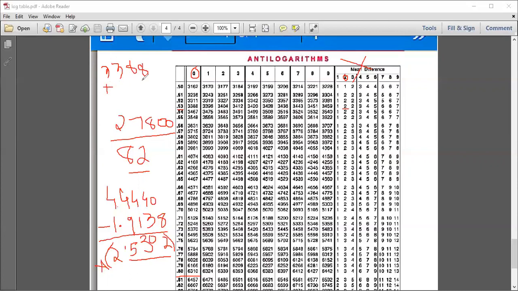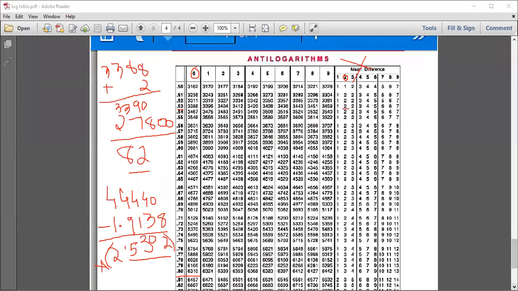Always you have to add the mean difference. So 3388 plus 2 will give you 3390 because 8 plus 2 is 10. So we got the answer to be 3390.